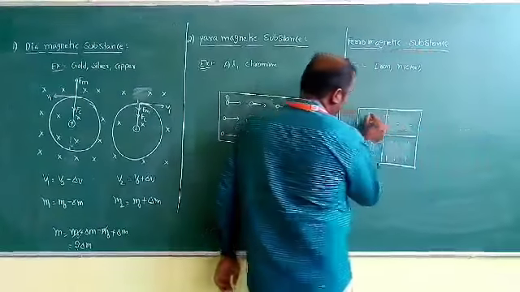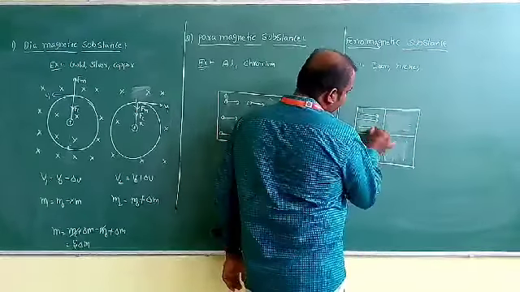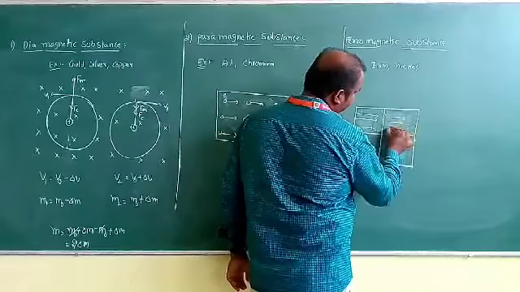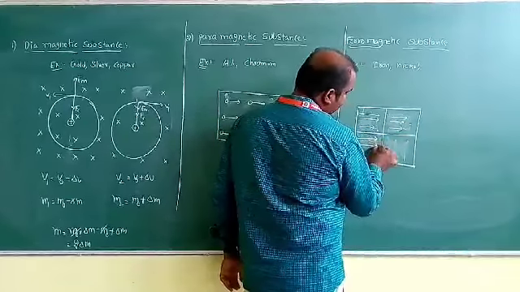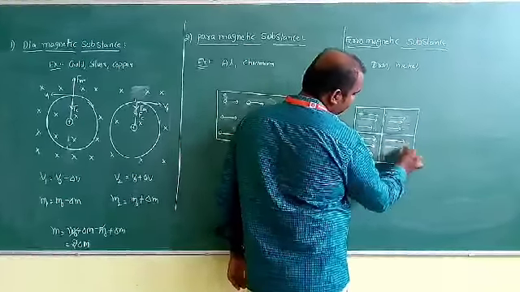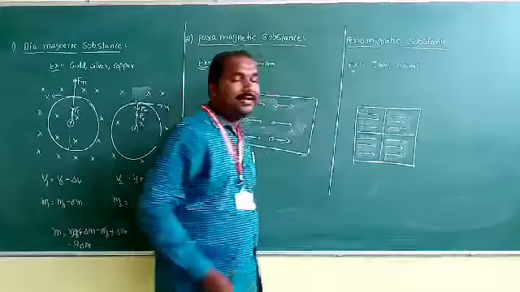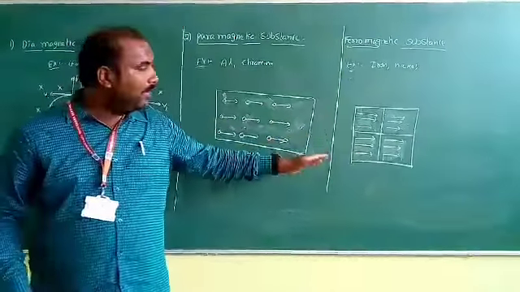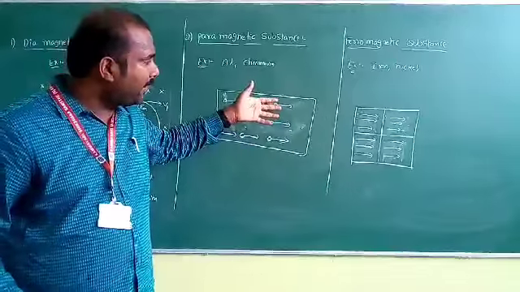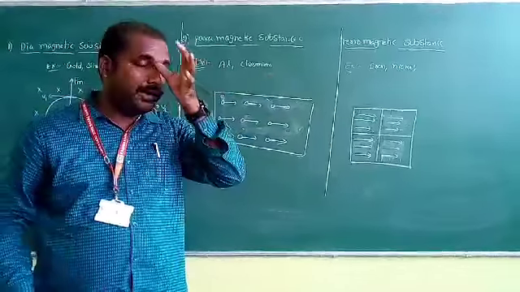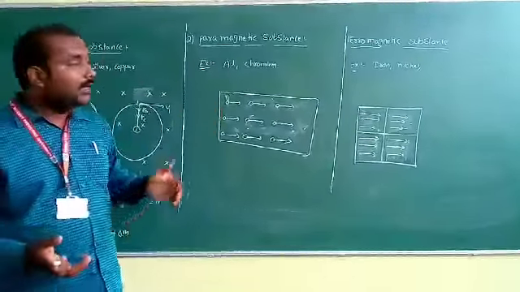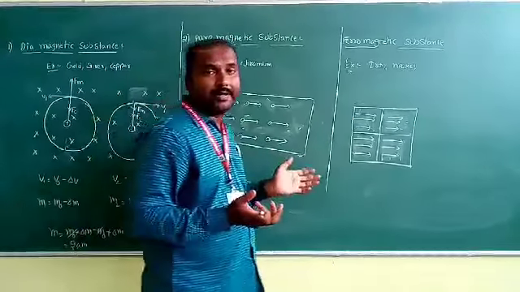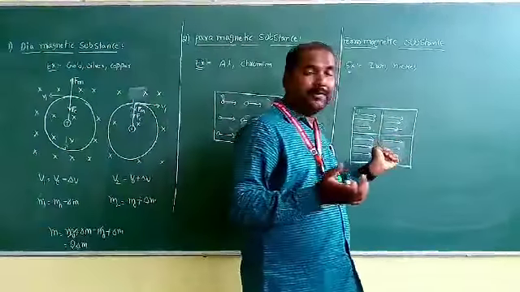This is the way they are aligned. So if all the domains show the net magnetic field in one particular direction, the same direction, then a strong magnetism is developed in that substance.